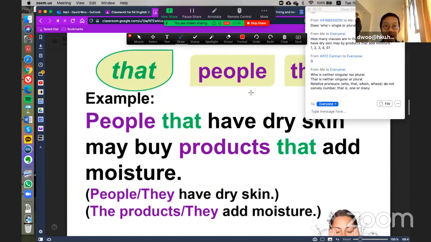I think you have to look at the verb, have, add. That may convey number. Okay, that may convey singular or plural. Did I answer your question, Benson? Who doesn't mean singular or plural? People is plural.